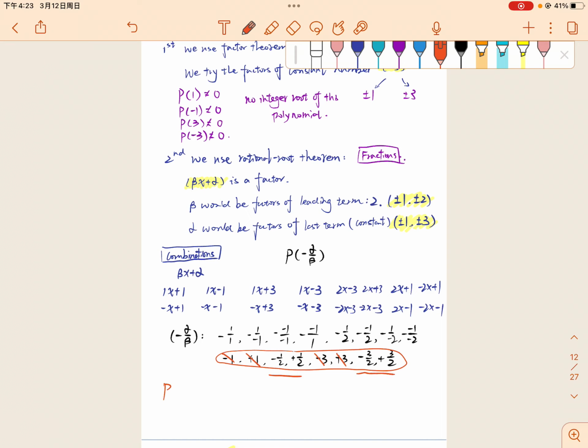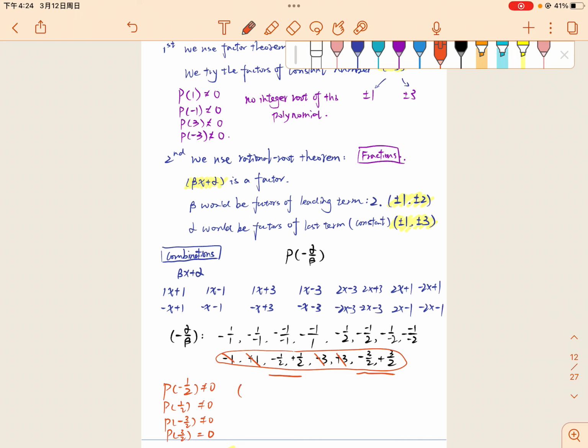So we substitute them into the polynomial: P(-1/2), P(1/2), P(-3/2), P(3/2). Right? Okay, so now we just solve them. You will find this one not 0, not 0, not 0, but P(3/2) equals 0.